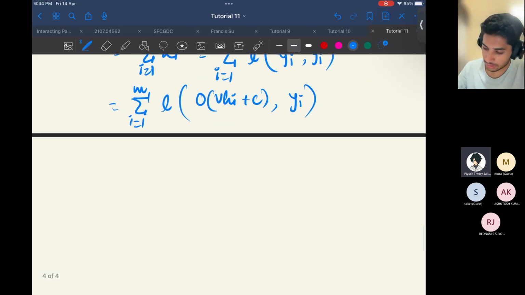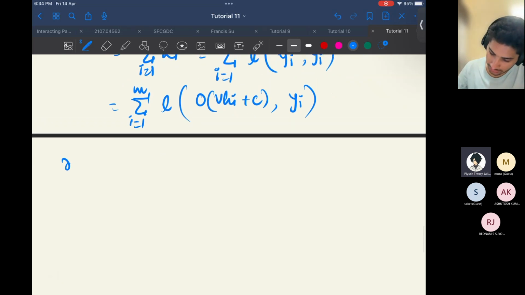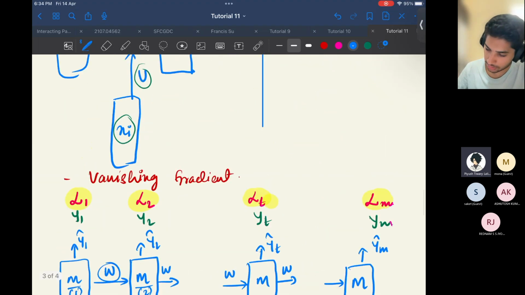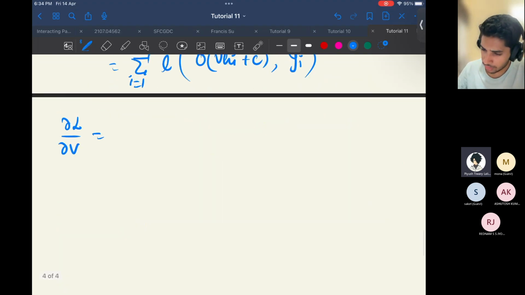So this is good. Let's see, if I want to calculate del L by del V, this is where the loss will be calculated, so if you want to go back, the first thing that you will encounter is V. How will that look?